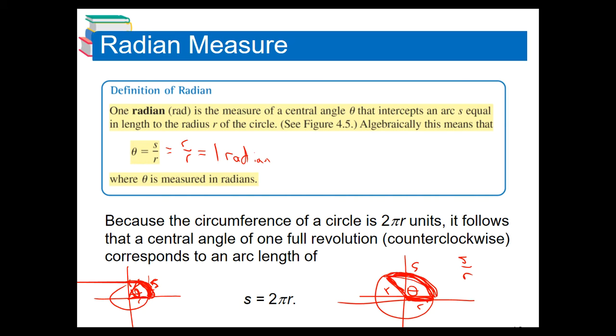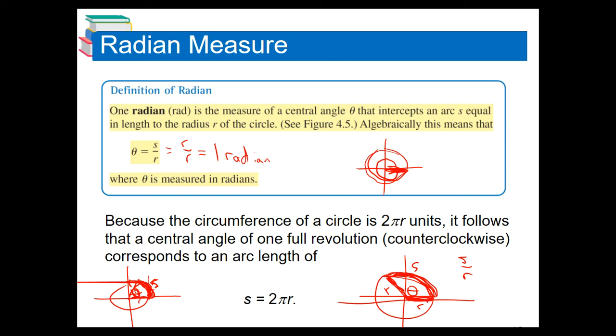Now, let's say we have, let me try to redraw this, I'm running out of space. We have that circle. Here's our initial side. If we go all the way around the circle, 360 degrees, where the initial side and the terminal side are both the same, theta becomes S, all the way around, divided by the radius.